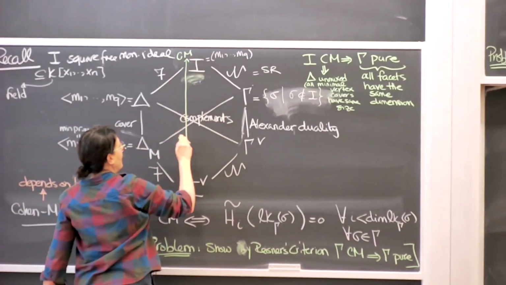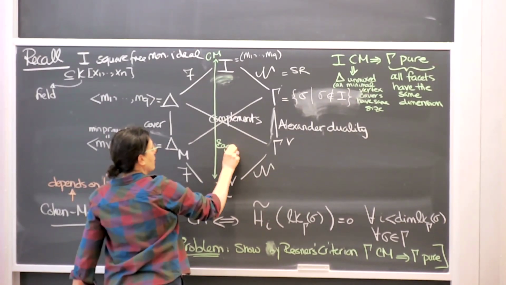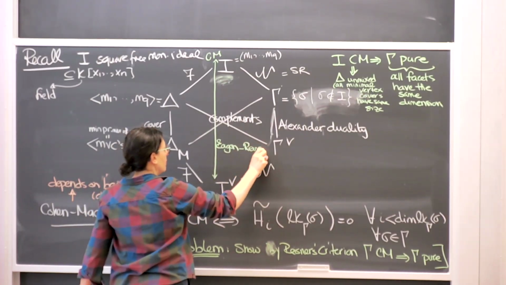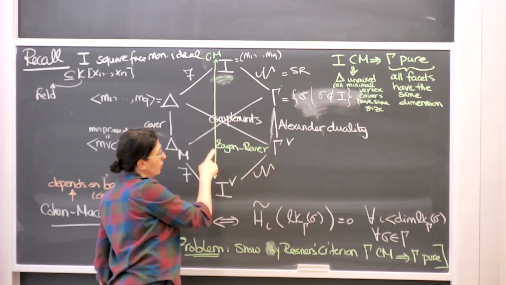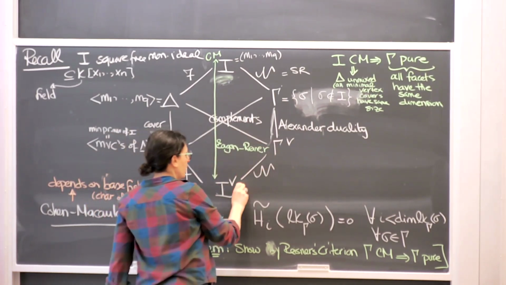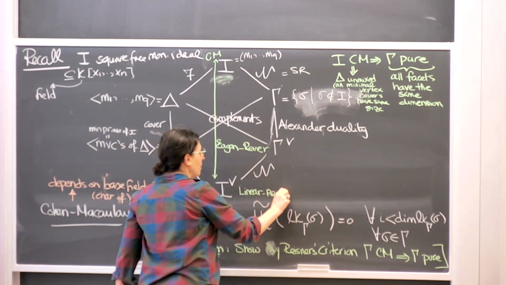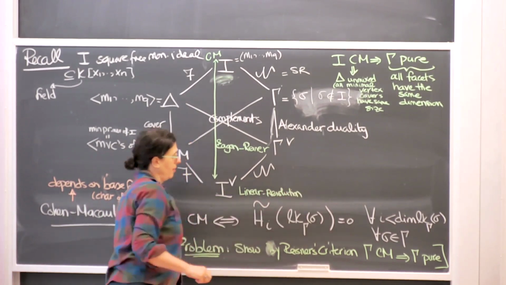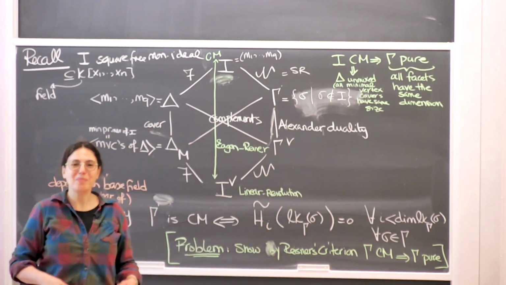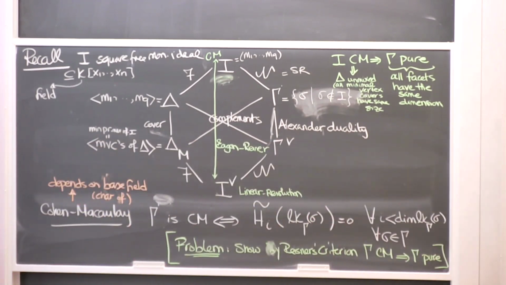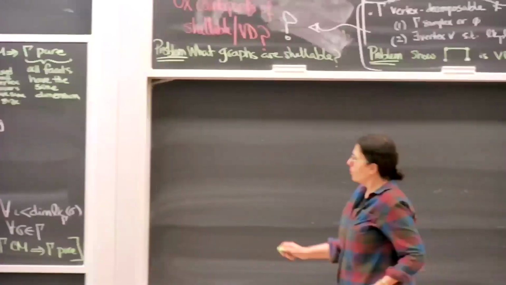So it turns out that being Cohen-Macaulay is equivalent to the I-dual having linear resolution. This is known as the Eagon-Reiner criterion, John Eagon and Vic Reiner. I didn't know if I would be able to do this, but Claudia talked about Betti tables and regularity and everything, so I can.